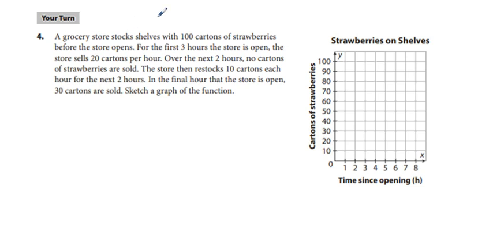Okay, here we have a grocery store that stocks shelves with 100 cartons of strawberries before the store is open. So we know that right here is this point. In fact, one thing we can do to help our analysis of this is create a little table, can't we?